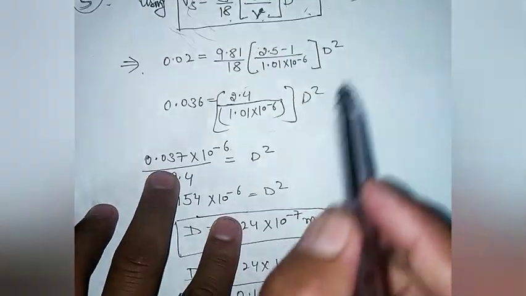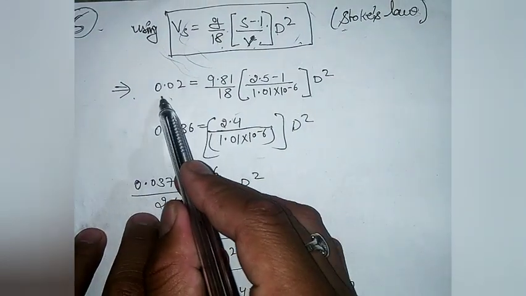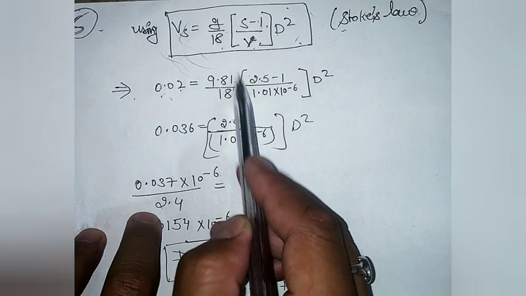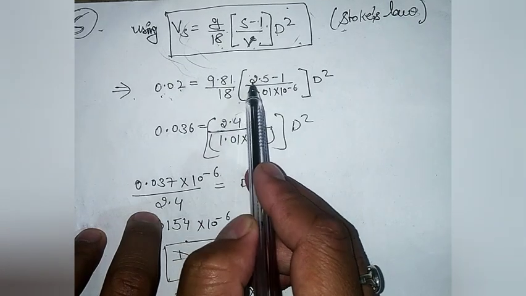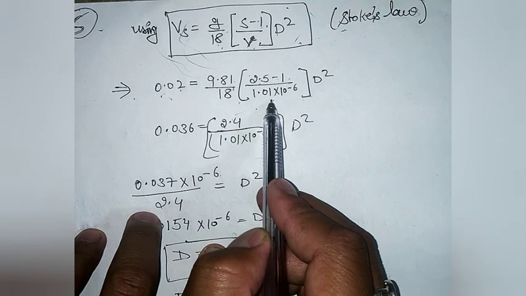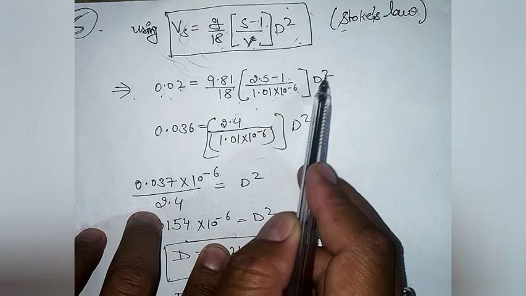Now we'll put the value of Vs here, that is 0.02. We'll put all the values: g is 9.81 upon 18, (2.5 minus 1), over 1.01 × 10^-6, times D square.